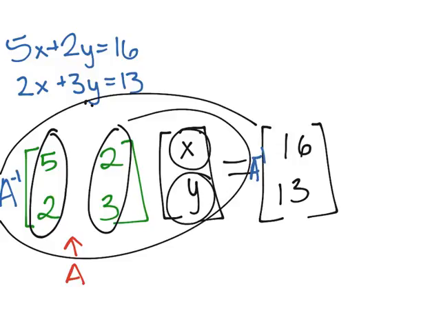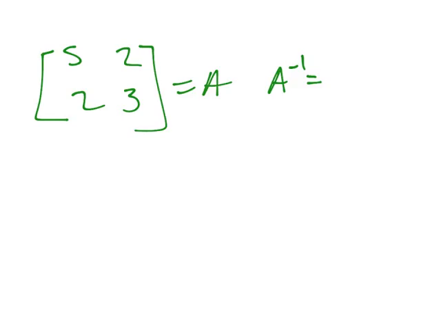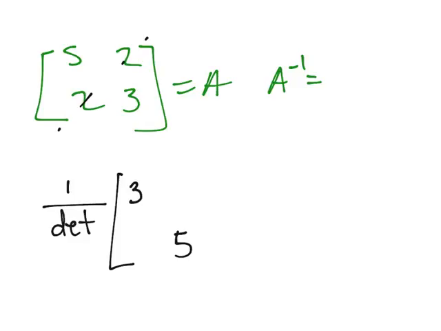So we will now find the inverse of this matrix right here. So this is our matrix. As you might recall, for the inverse, we have 1 over the determinant times, and we flip it, so 3, 5, and we get the negative of this diagonal right here, so negative 2 and negative 2.